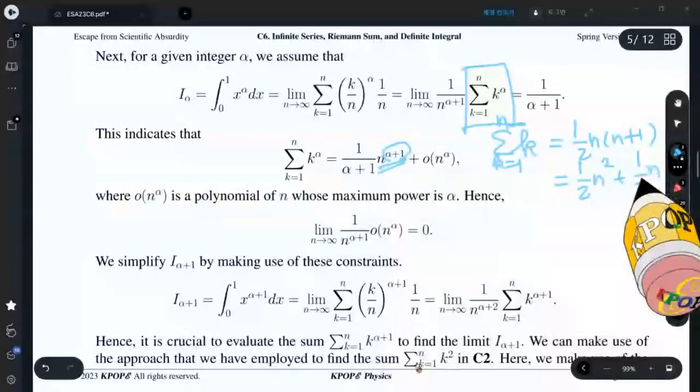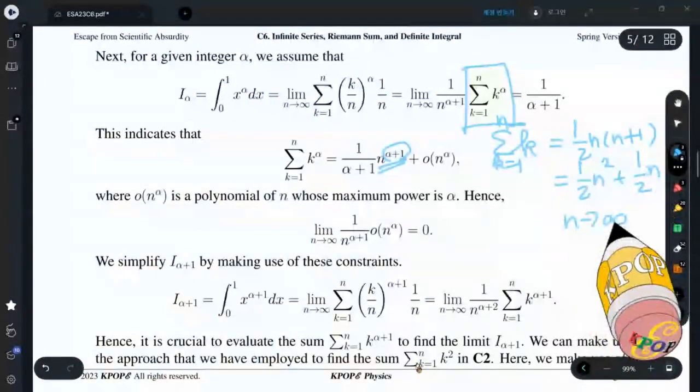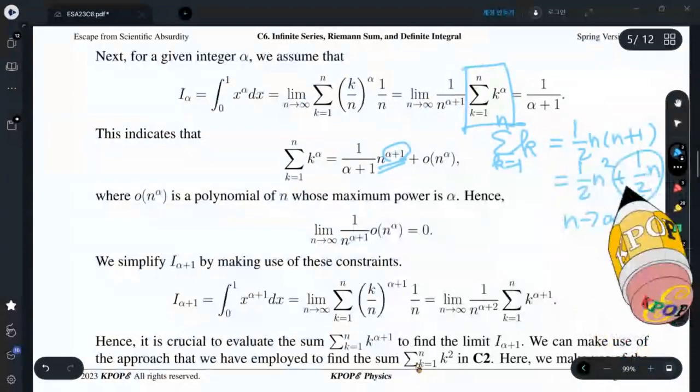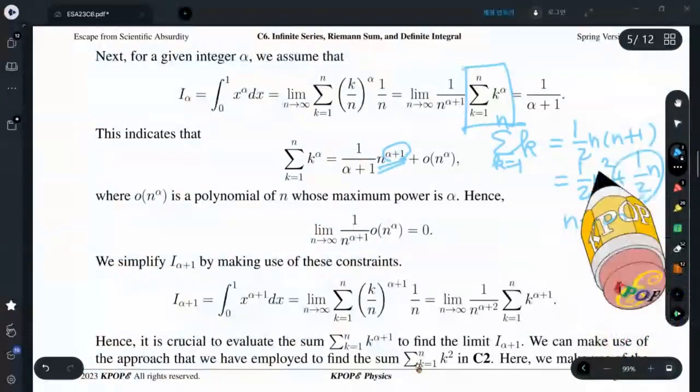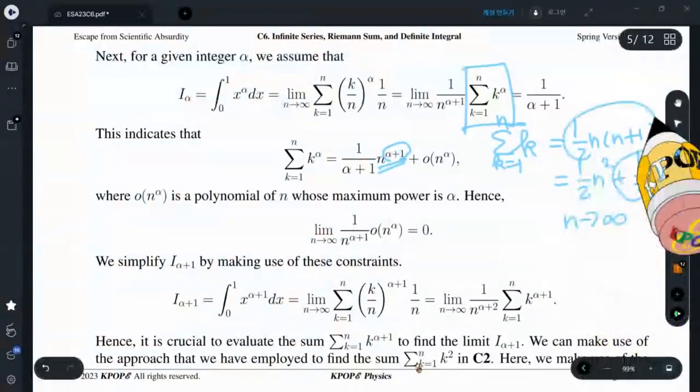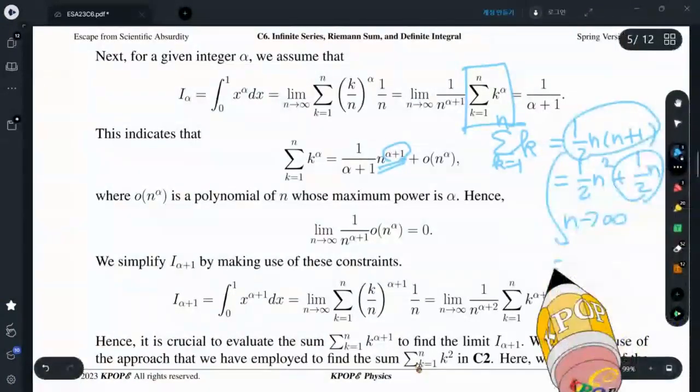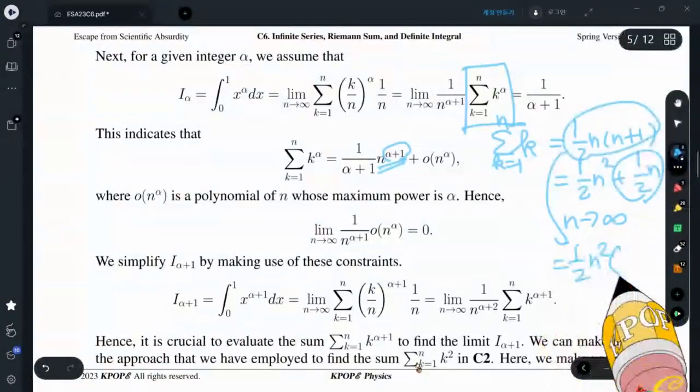As n goes to infinity, this term disappears relative to the dominant contribution. So I can rewrite this one into 1/2 n squared times 1 plus 1 over n.